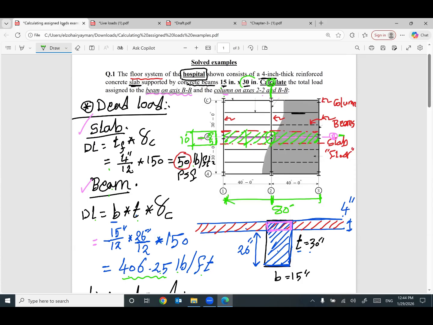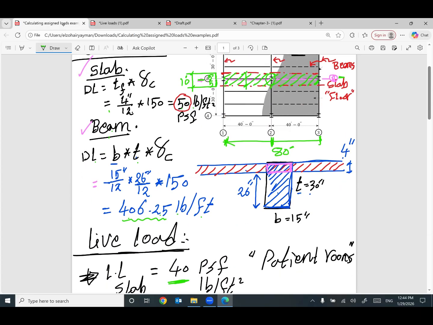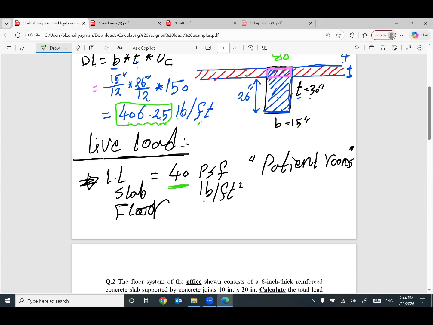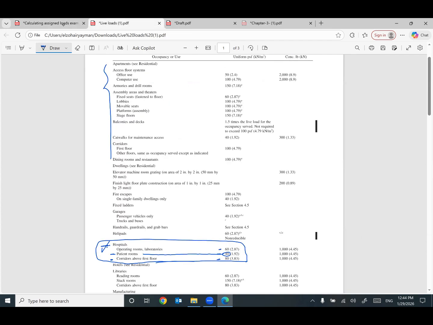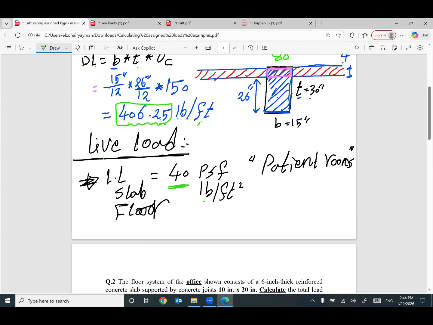For the T, we need to subtract the thickness of the slab to avoid any duplication, so I used 26 instead of 30. And this dead load is in pounds per foot. And the value of the live load on the floor comes from this table based on the function of the building. This is in general.